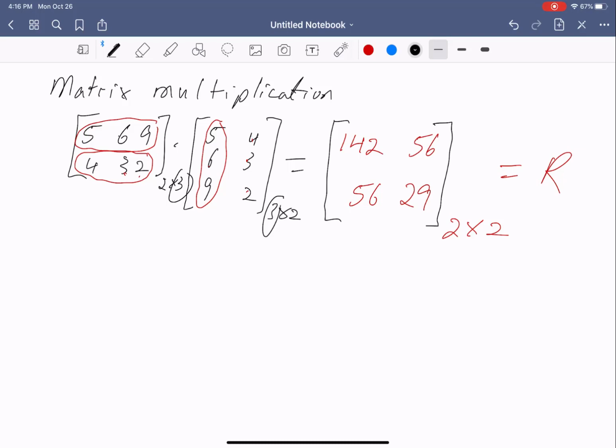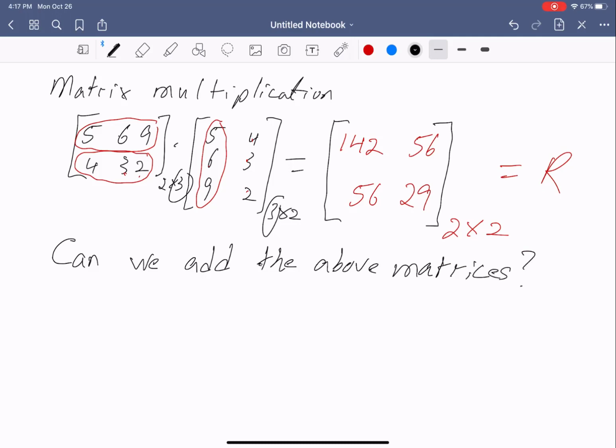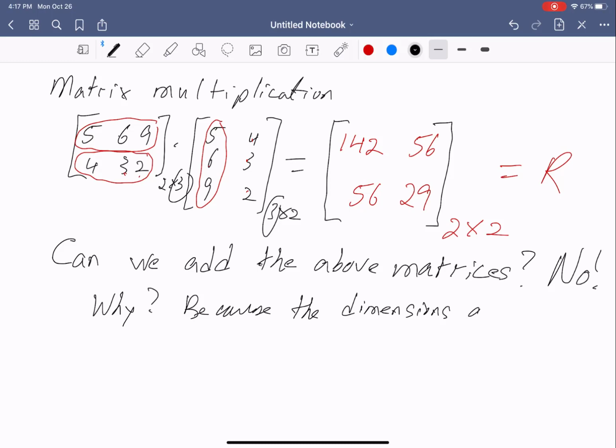Now, can we add these matrices? Can we add the two matrices? And the answer, of course, is no. Why? Because the dimensions are not identical.